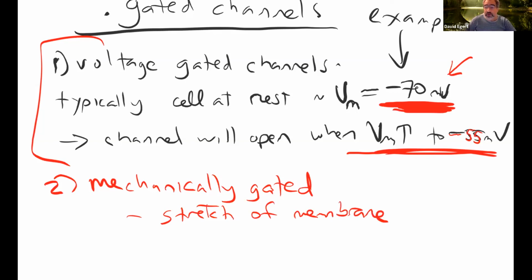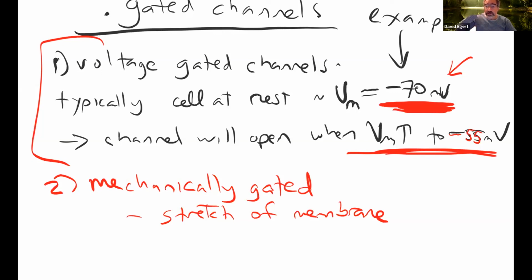This is how pressure receptors and touch receptors work. By this physical deformation of the cell that's stretching out the membrane, it opens channels. And when it opens channels, ions can cross, and those ions create an electrical signal that goes to your brain saying, I'm being touched. This is how you're hearing me right now.